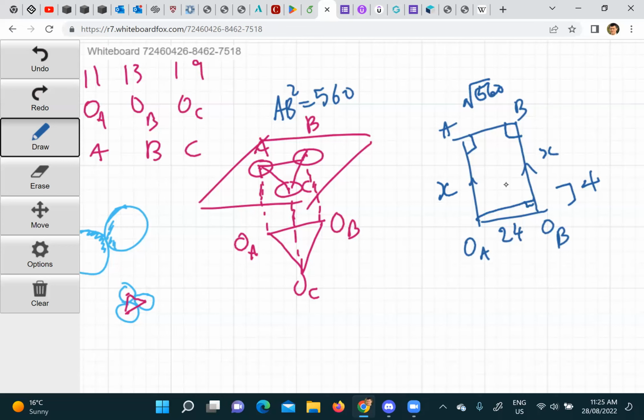So then 11 squared minus x squared equals 13 squared minus (x plus 4) squared. So we did Pythagoras on the spheres, I guess.